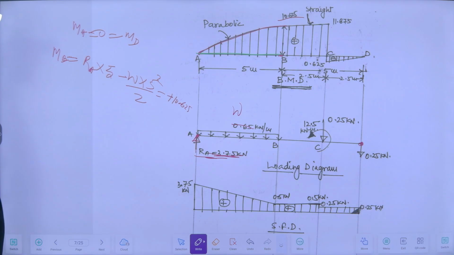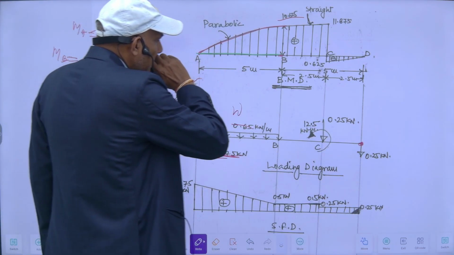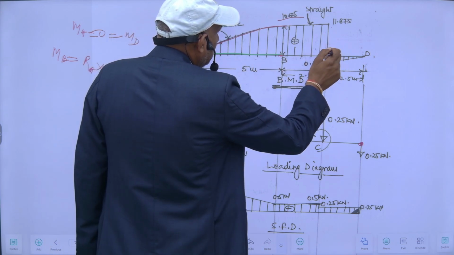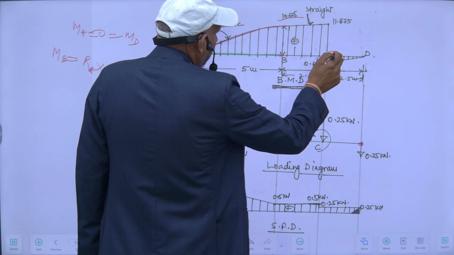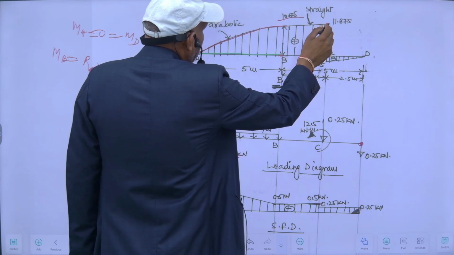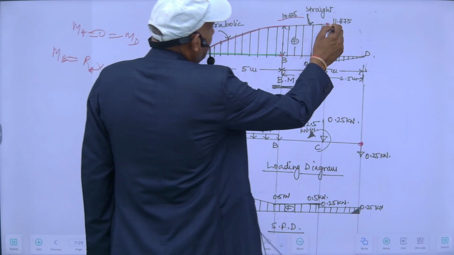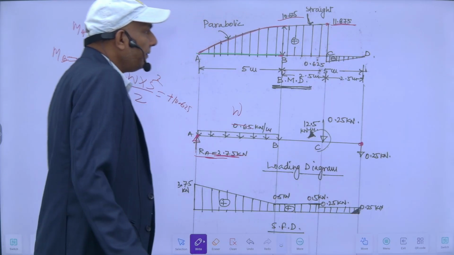Another equation is at this end, the bending moment is plus 11.875.